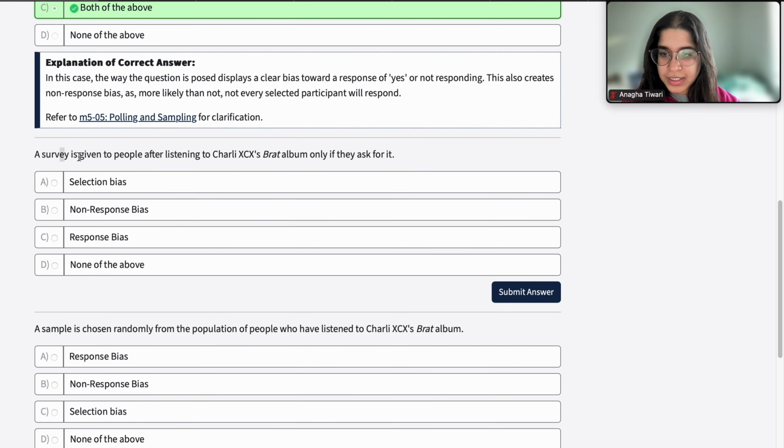And then here are surveys given to people after listening to the Brat album only if they ask for it. So you have kind of a population, and to choose your sample, you're basically only giving the survey to people if they ask for it. So in that sense, the people are basically self-selecting themselves for this study, right? Only if they ask for the survey are they going to be part of that sample group.